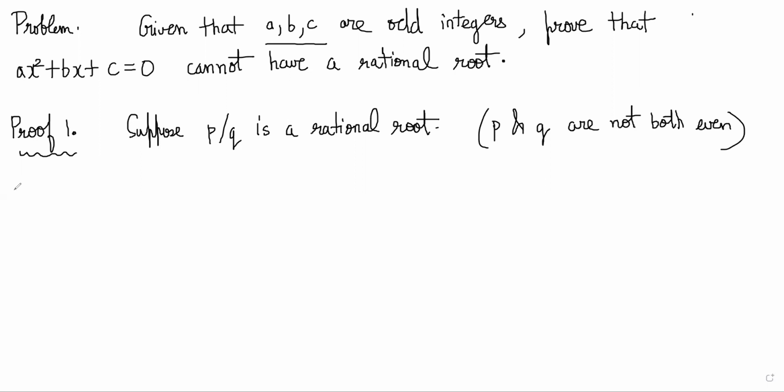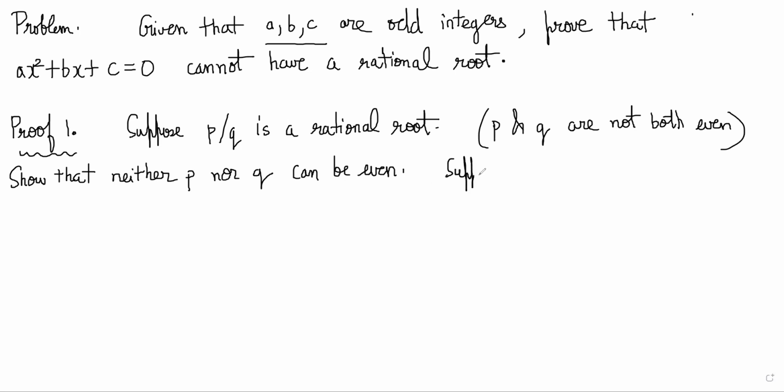The first thing that we'll show is that neither p nor q can be even. How do we say that? Suppose p is even.